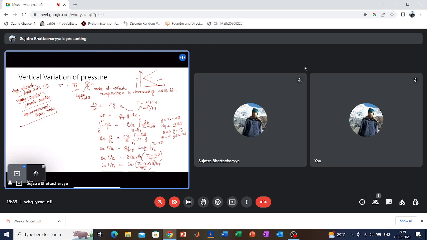So what I will get is p by p naught will be equal to t naught minus gamma z by t naught to the power g by r gamma. This is the expression we are getting.